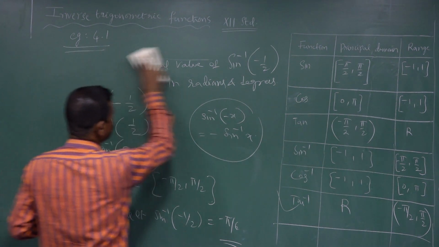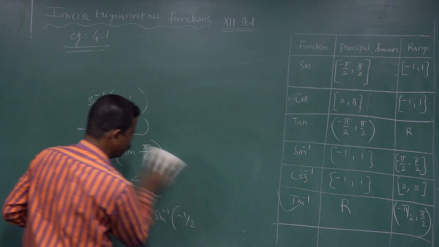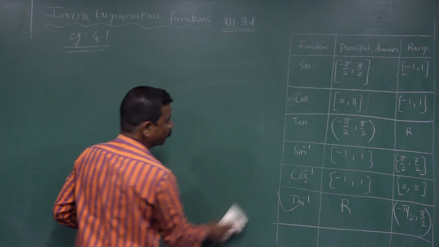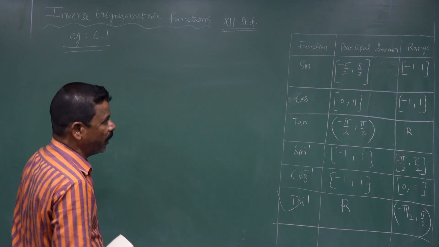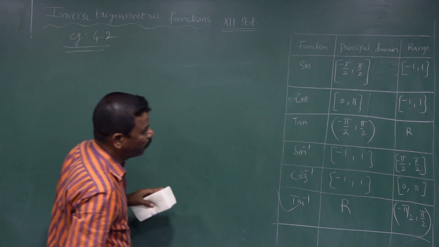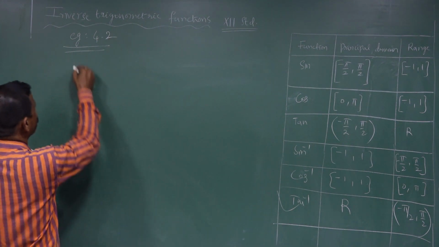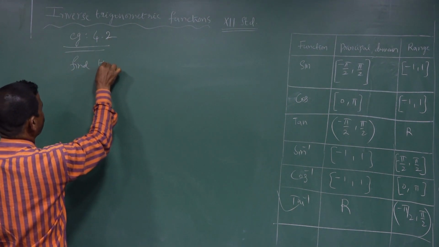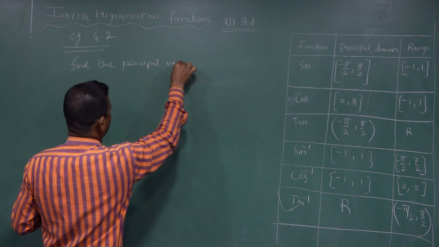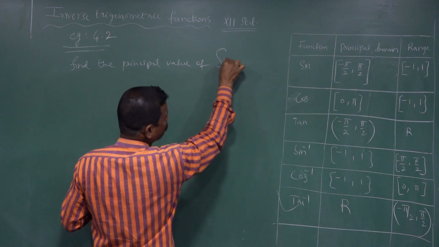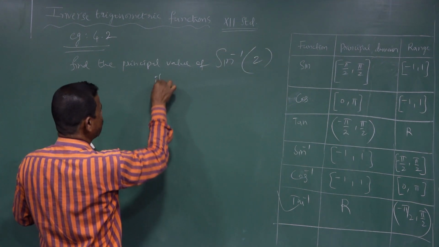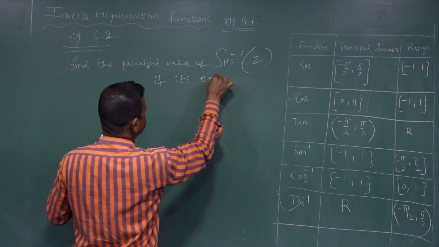After that, another example 4.2. Find the principal value of sin inverse of 2, if it exists.